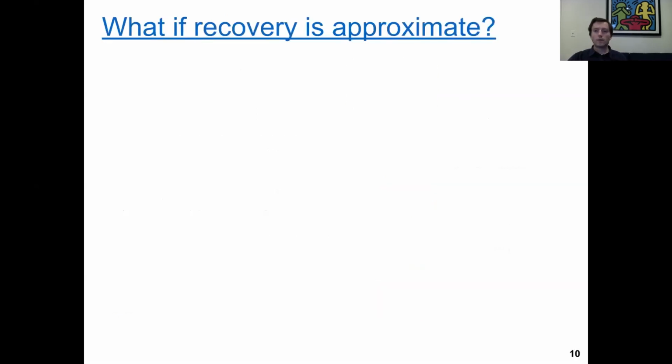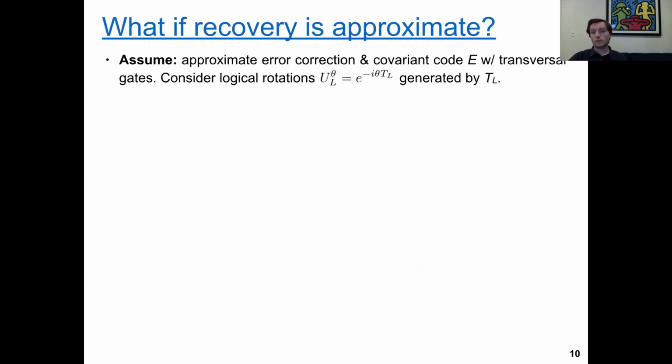So, what is the setting I'd like to consider with you? We want to allow for the recovery to be not perfect, to be approximate. So we consider now approximate quantum error correction and a covariant code with transversal gates.